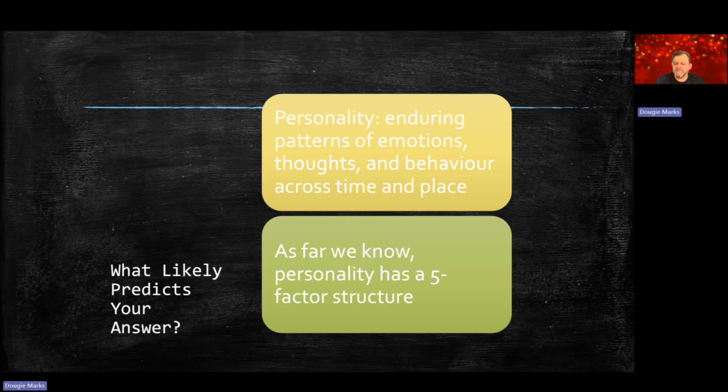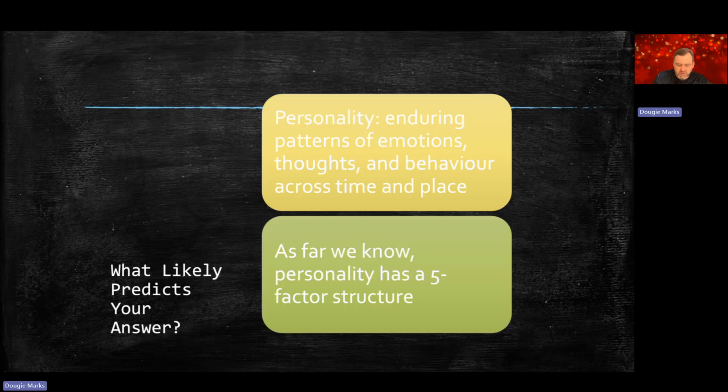And what we find whenever we look at patterns of thoughts, emotions, and behavior across time is that personality's basically got a five-factor structure. Personality is basically made up of five different things. And regardless of which way you cut it, regardless of what you call it, personality is basically made up of these five things.